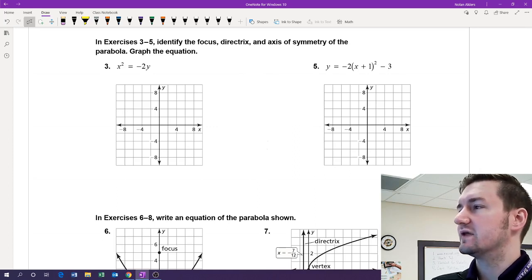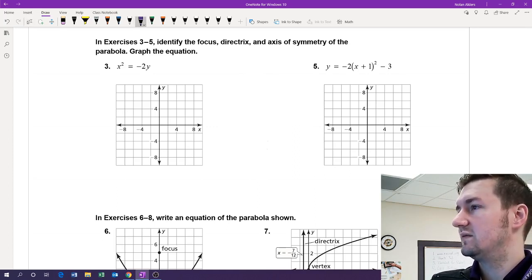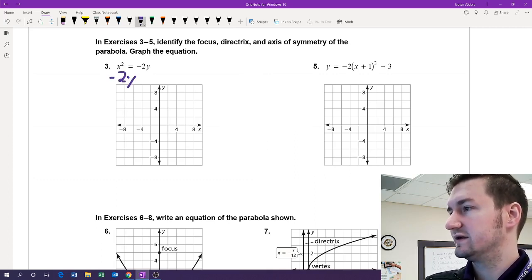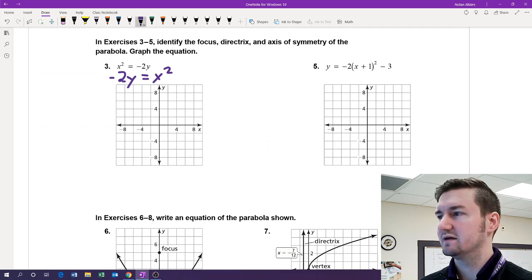So let's go ahead and do that. So, could we switch sides first of all? Because I know some of y'all like to do that. So we'll have -2y equals x squared. All right, now let's divide by -2.